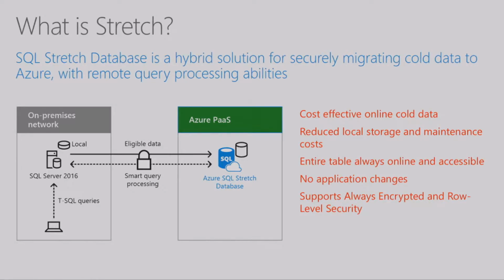But the beauty of it is the data is still online and still available. It's a cost-effective way of dealing with cold data. It reduces local storage and maintenance. Your entire table is online and available, and there are no application changes. And of course, it's secure. We support all the security features in SQL Server 2016 and Azure.